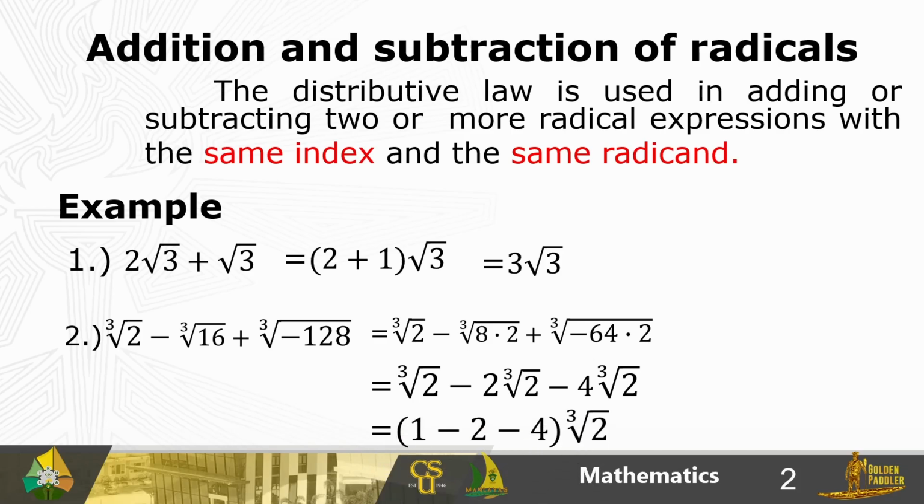To simplify, as you notice, we have the same index and the same radicand, so we can add or subtract. We have 1 for the first term, negative 2 for the second term, and negative 4 for the third term. The final answer is negative 5 cube root of 2.